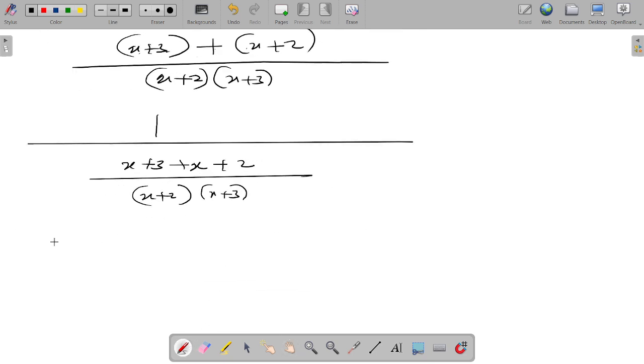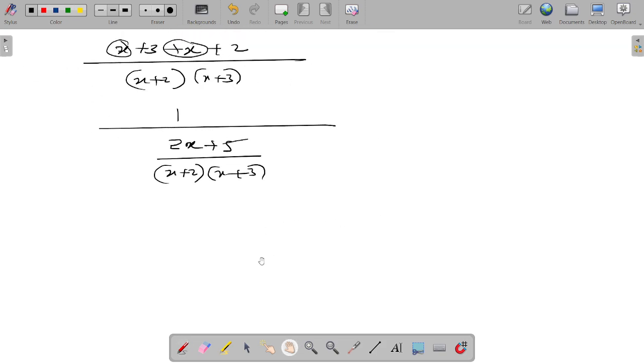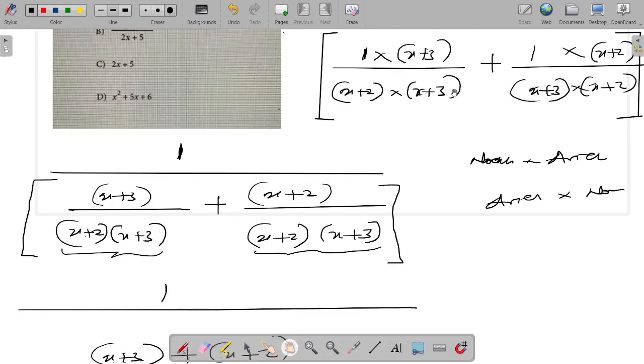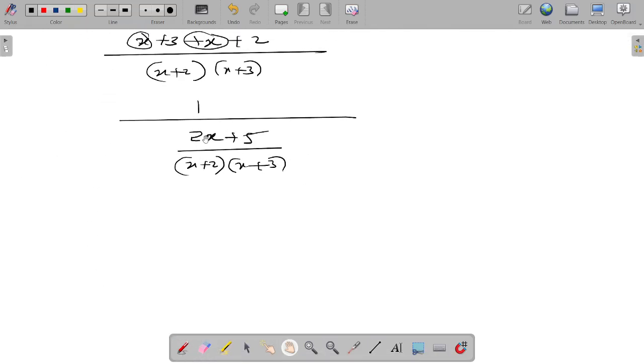So it is clearly seen that we now have 1 divided by x plus x. You need to combine like terms such that x plus x is 2x, and then 3 plus 2 is plus 5, right? Then you divide this by x plus 2 and x plus 3. Now you see from a very big expression, it's getting smaller, right? You see that? That is what simplification of fractions is all about.